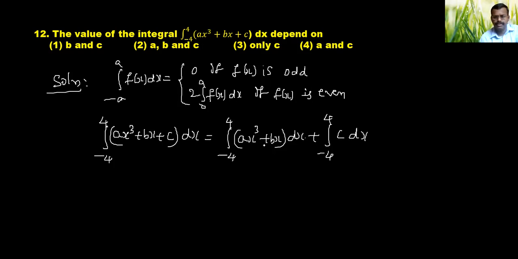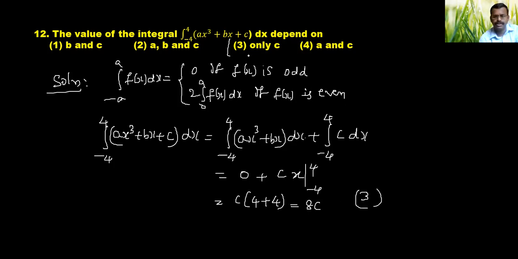Since ax cube plus bx is an odd function, this value becomes 0. Here c is a constant. Integration of dx is x from minus 4 to 4. So that is c into upper limit 4, minus of minus is plus 4. So we get 8c. Therefore, the given integral depends only on c. That is option 3.